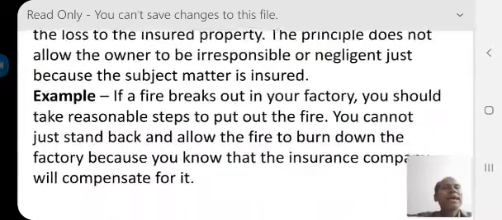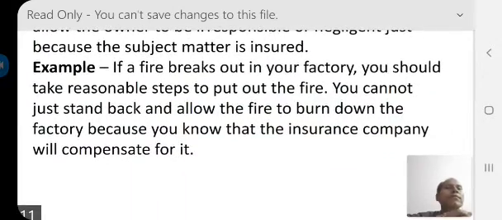We shall take an example. If a fire breaks out in your factory, you should take reasonable steps to put out the fire. You can't just stand back and allow the fire to burn down the factory, because you know that the insurance company will compensate for it.